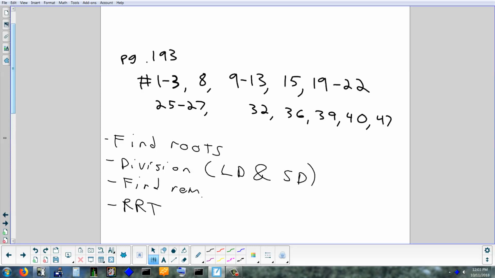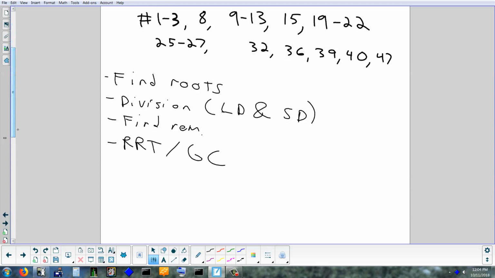You need to know the rational root theorem, including eliminating ones that don't make sense and leaving the remaining candidates. That's where the graphing calculator comes in. Create a polynomial. So that means I might say 2 is a root, 5 is a root.